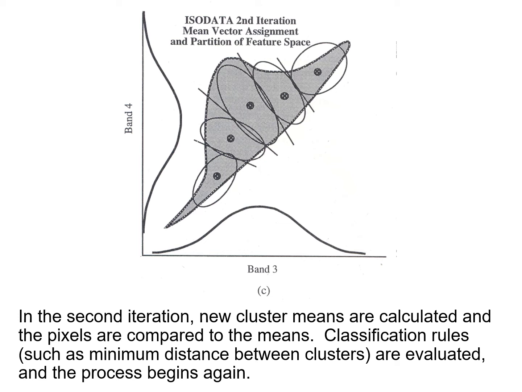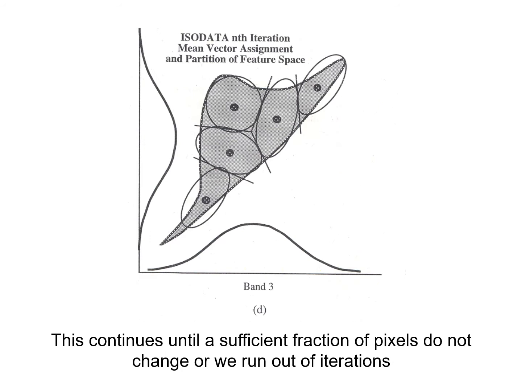recalculating cluster means, and then doing a check to see what percentage of pixels have changed class. And once you get to the point where you've met your criteria for the fraction of pixels that are not changing, or we run out of iterations that we've specified, we stop; otherwise we're just going to keep doing this, okay?